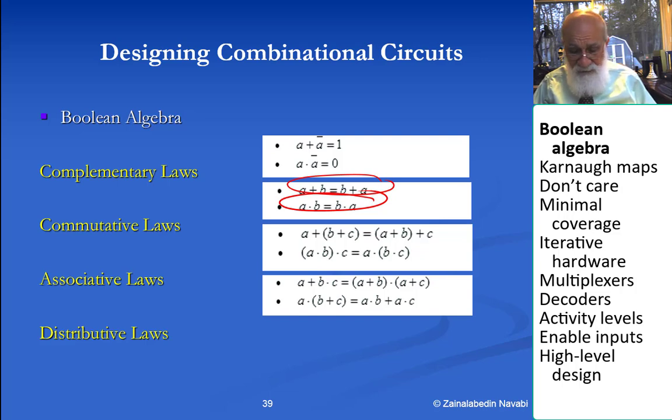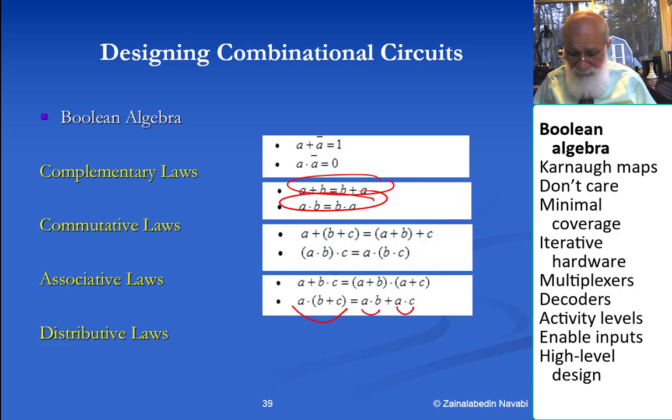Distributive laws. This is similar to the way you do multiplication and adding in regular algebra, but here you're using the AND and OR operator. So A and B or C becomes A and B, A and C, just like multiplication and adding.